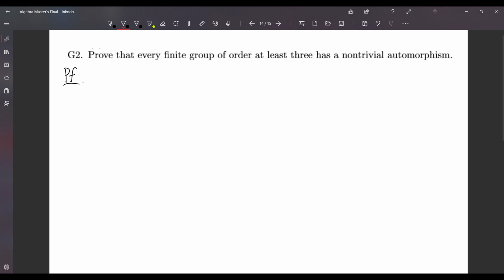So the way we will approach this is split this up into different cases. So first, case 1 will be G is not abelian.